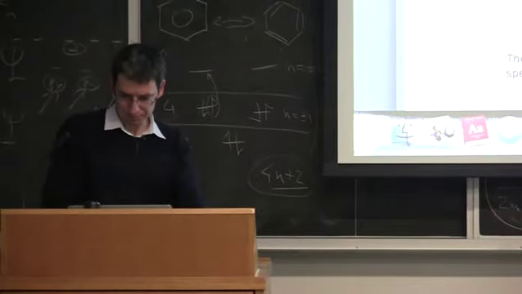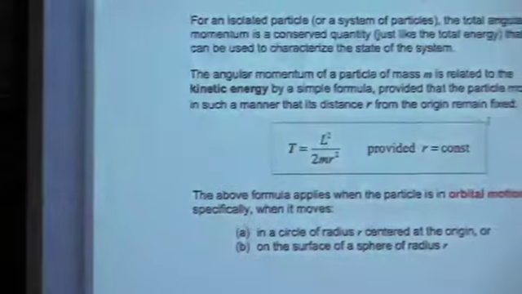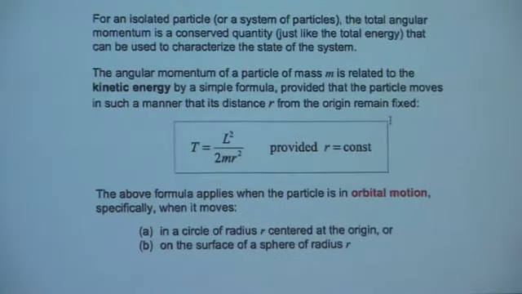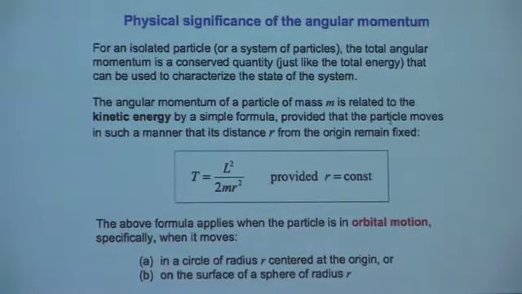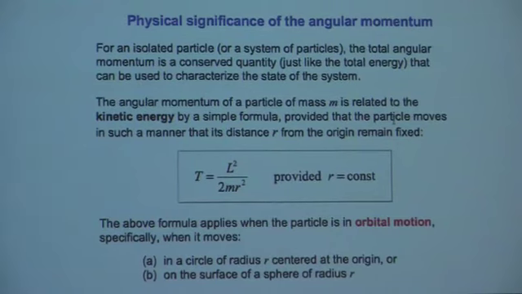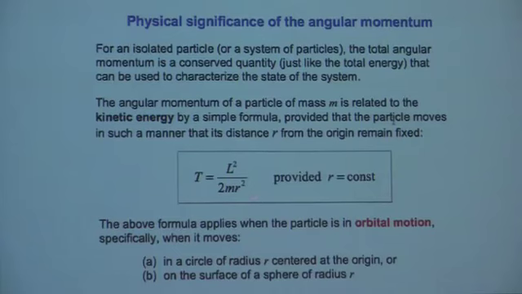Now, what is the significant part? The significant part here is that for any isolated particle, if we fix the distance from the center, then the kinetic energy actually turns out to be, in 3-dimensional space, L squared divided by 2mr squared, right?